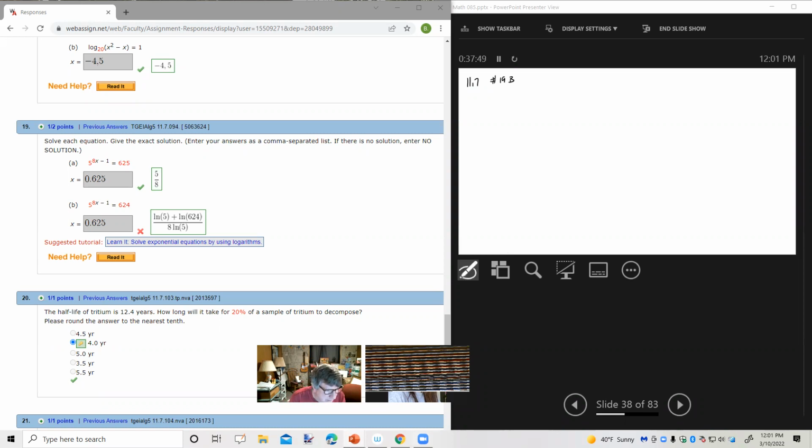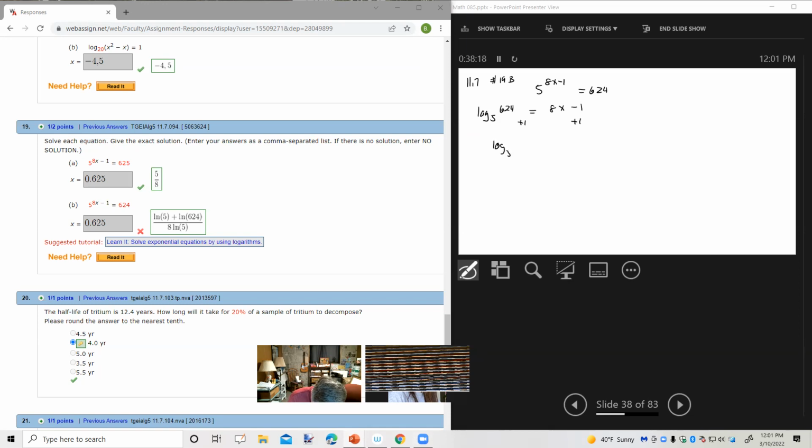So we've got 5 to the 8x minus 1 equals 624. Okay. Oh, it's 8x minus 1. So from there we get log base 5 of 624 equals 8x minus 1. Changing it to a logarithmic equation. Okay. Then we're going to add 1 to both sides.